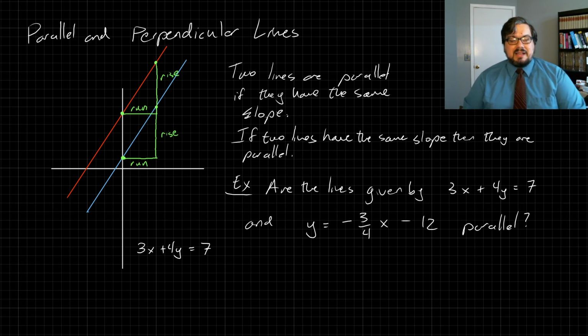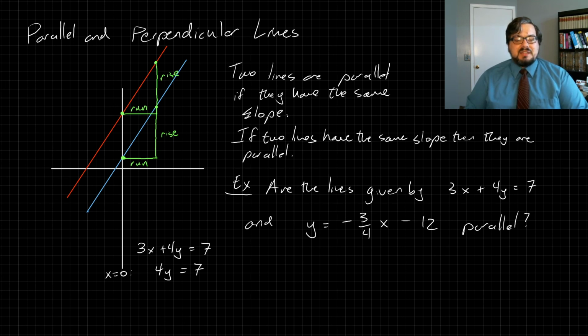So let's look at 3x plus 4y equals 7. So one common way that we know of finding points on a line, especially when it's in standard form like this, is to find the intercepts. So if x equals 0, we get that 4y equals 7, which means that y is equal to 7 over 4.